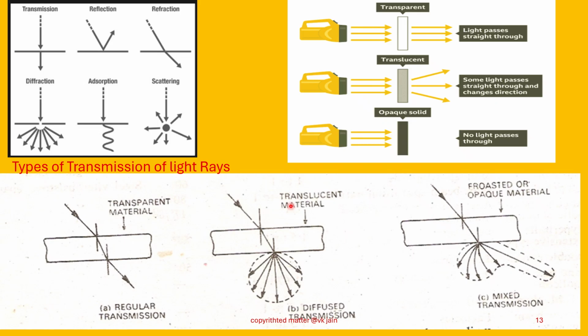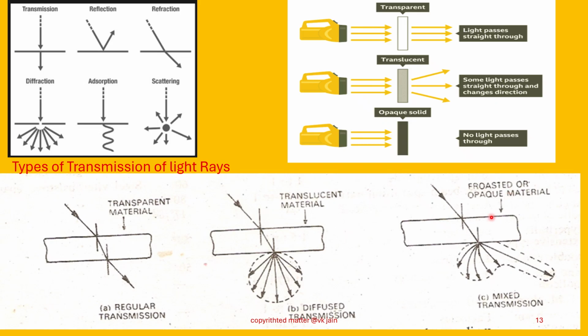When translucent material is used, the incident ray is slightly deflected inside the translucent material, and when it comes out, it is scattered in different directions.